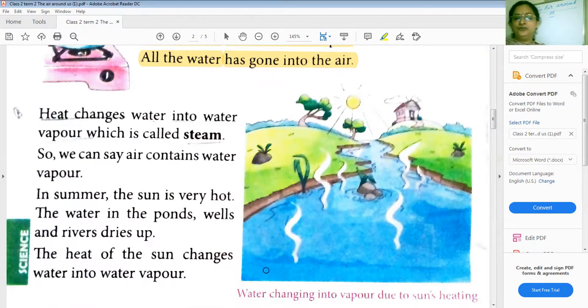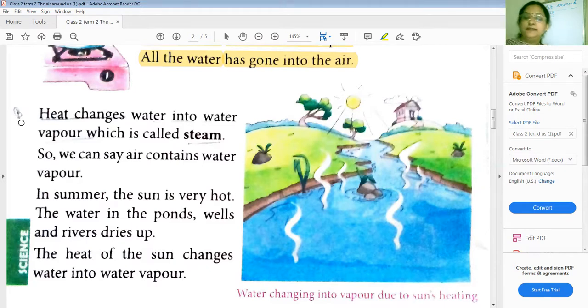This water in the lake is changing into water vapor. Why? Because of the heat of the sun. Can you see the heat of the sun here? So the water from the lake is becoming water vapor due to the sun's heat.